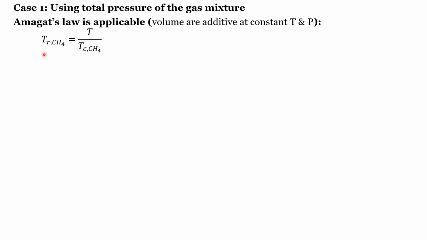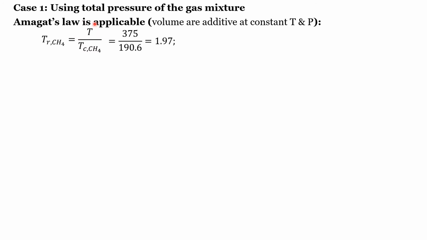Then we can write T critical, already given in the problem, and temperature is given. So we can write T reduced for CH4, and after putting values we will get 1.97, because there is no problem with reduced temperature.